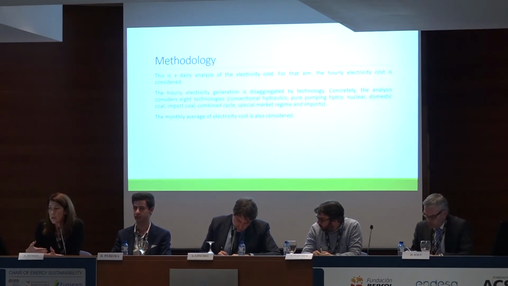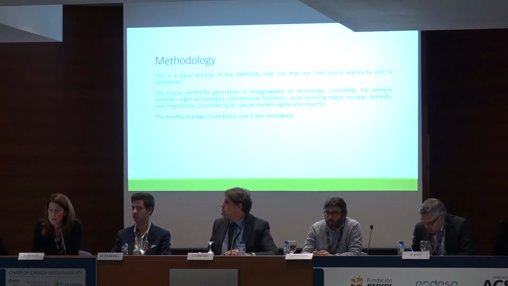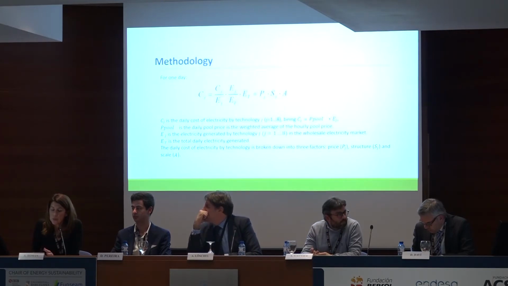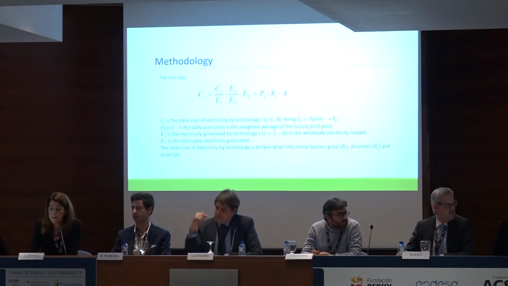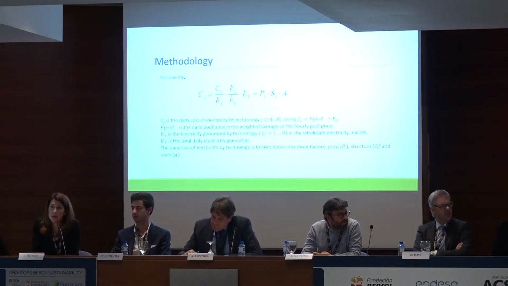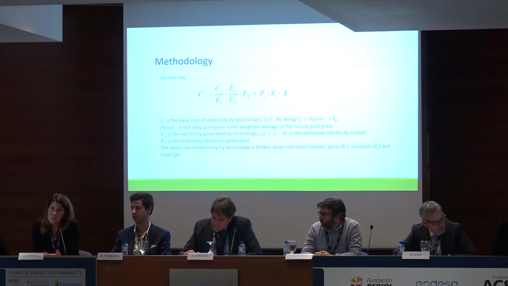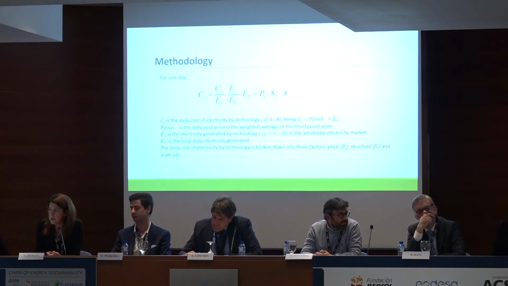Of course, for our methodology we need to know the monthly average cost of electricity. With that in mind, our methodology follows like this. For one day, capital C is the cost of electricity of one day for one technology. This cost of electricity comes from the pool price of that day times the energy generated by this technology. The pool price is a weighted average of the hourly pool prices of that day.